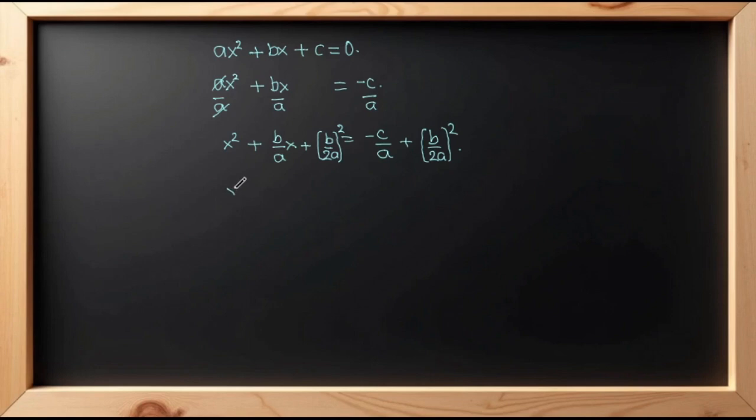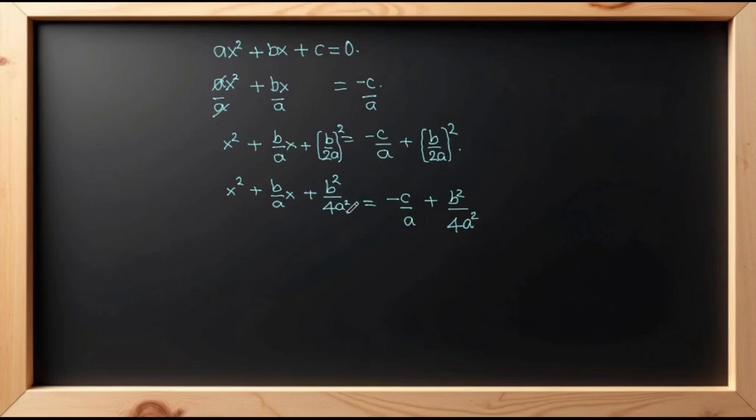Now let's expand this. So we have x squared plus b over a x plus b squared over 4a squared, equals negative c over a plus also b squared over 4a squared.